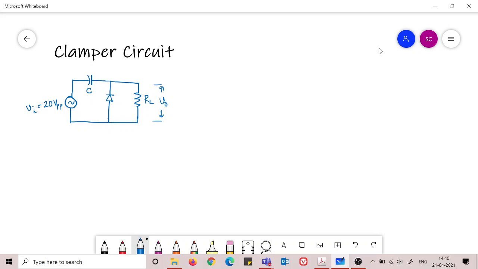In the negative cycle of the input source, what would happen? The diode will be forward biased. In that case, there would be a current flowing in this loop during the forward bias condition of the diode, which happens in the negative half cycle of the input source.